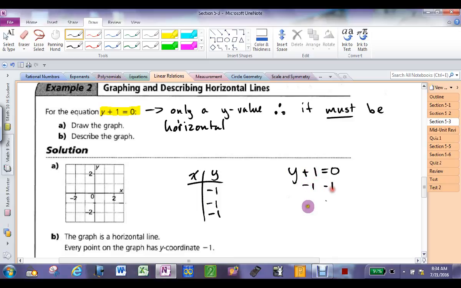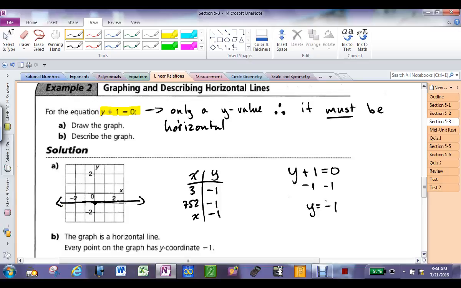Minus 1, y equals negative 1. No matter what x is, y has to be negative 1. Where is y equals negative 1? Right there, not left, it's y. So it's down. And the line would go through here.